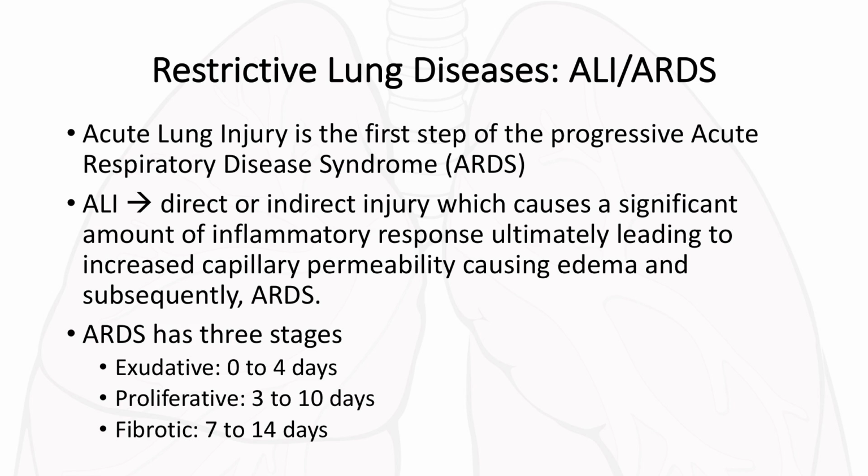So if you have inflammation at the capillary level and all these cytokines that migrate to these areas, which increases your capillary permeability, you're going to have capillary leak of blood, lymph fluid, serous fluid, that sort of thing, causing pulmonary edema and ARDS. So ARDS has 3 stages: exudative, which is the first 0 to 4 days, proliferative, 3 to 10 days, and fibrotic, 7 to 14 days.